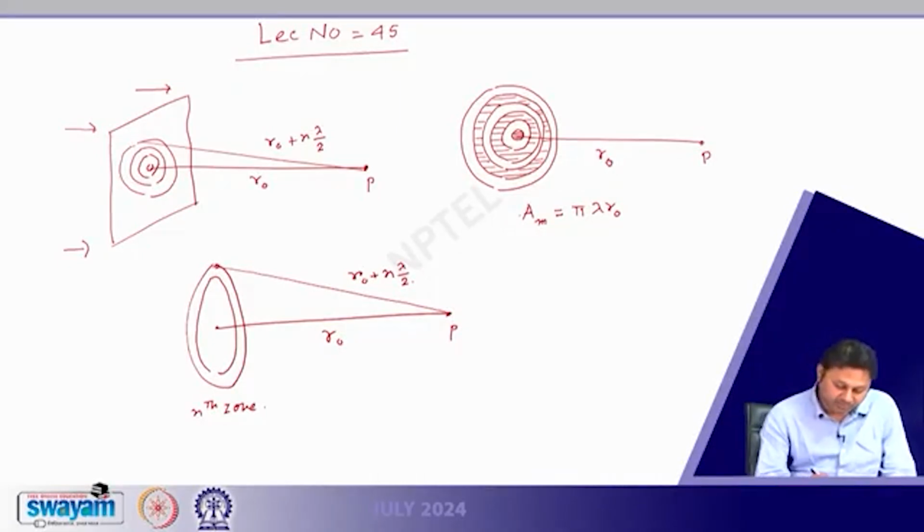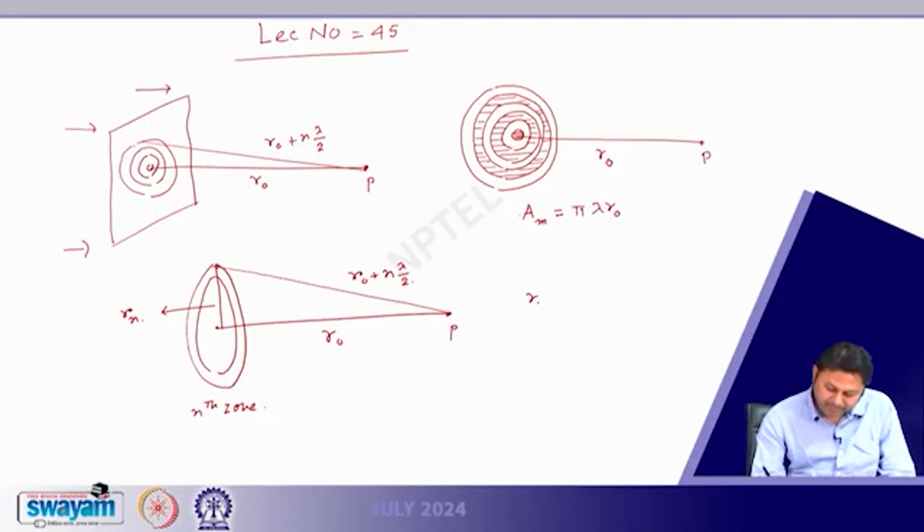If I want to find the radius of the nth zone, we can calculate that with very easy steps. Suppose the radius here is R n.